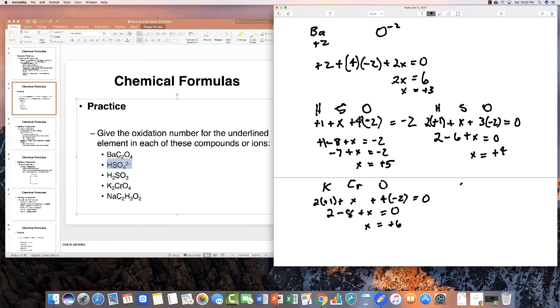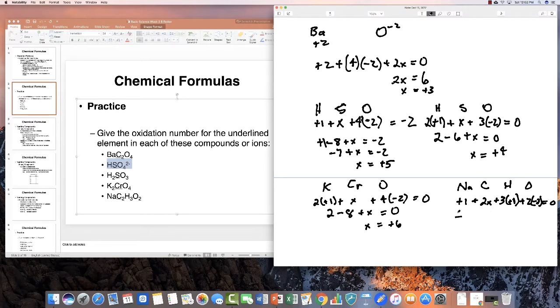The last one, we have sodium, carbon, hydrogen, and oxygen. And all of that has to equal 0. Sodium is in the 1A group, so it's plus 1, plus 2 times X, plus, this is again bound with a nonmetal, so it's plus 1, 3 times plus 1, plus 2 times a minus 2.